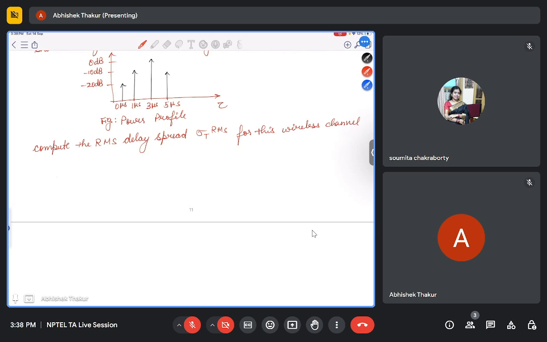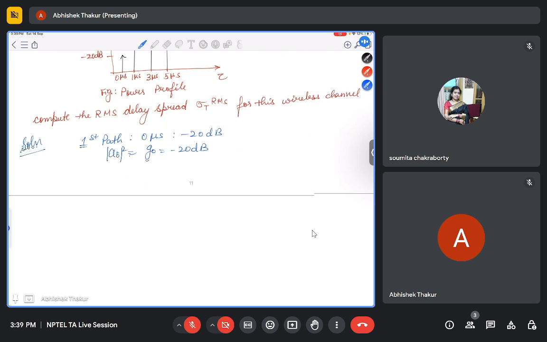So the first path arrived at 0 microsecond, and power is minus 20 dB. So G0 is equal to minus 20 dB, because power is mod of A0 square, that is G0.